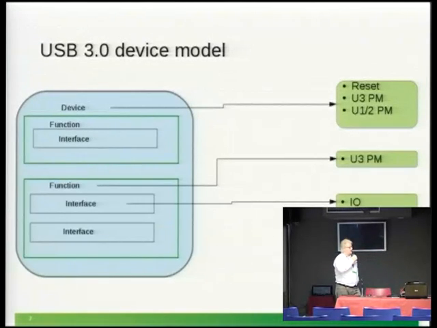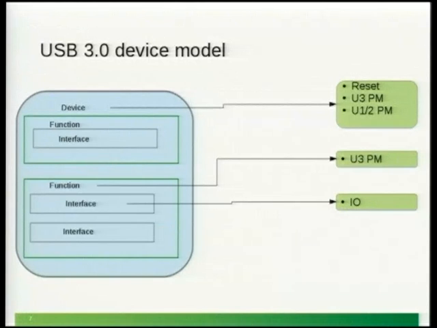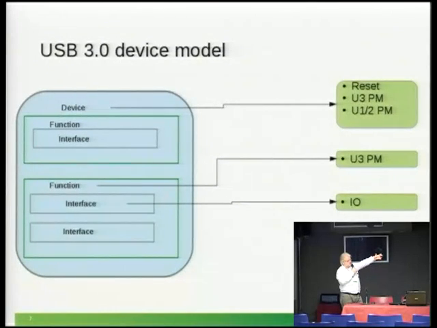You can think of the function more or less as the descendant of the association descriptor. The major change in the device model is that the power management has been split and is done on the device and the function level. I'll talk about that a little bit later. I/O still goes on to the endpoints of interfaces.